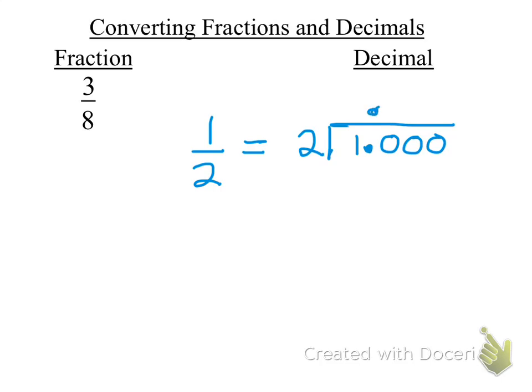Bring up the decimal. And then we say to ourselves, how many times does 2 go into 1? So you add the 0. We add a 0. But now I can look at how many times does 2 go into 10. Sergio? 5 times. And 5 times 2 is 10. I do the subtraction and I'm left with 0. Do I need to bring another 0 down if I have 0 left? No. So I'm good.